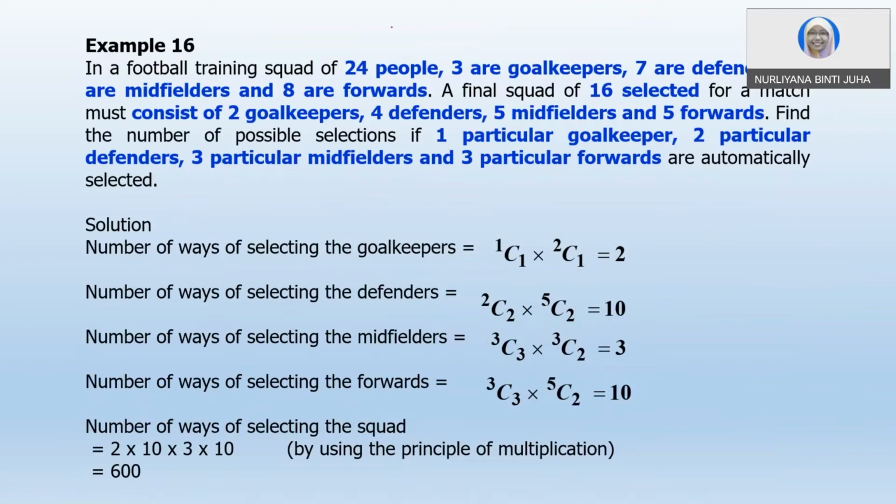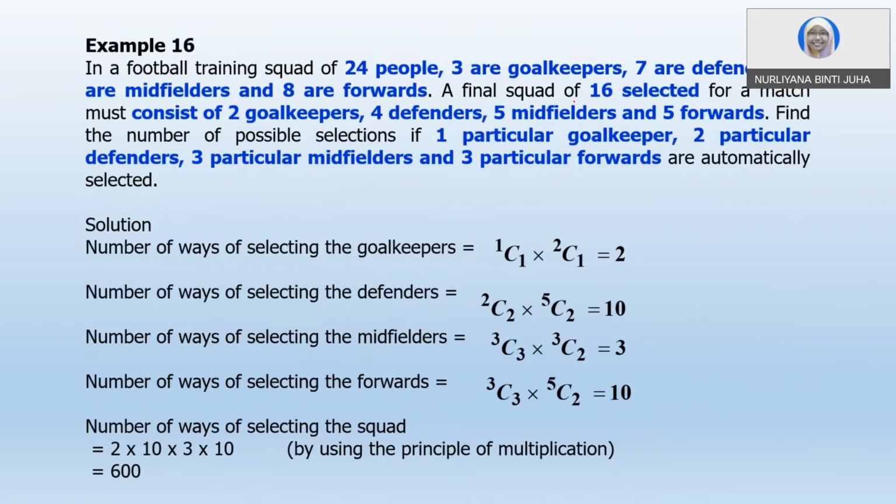So it says altogether we have 24, which consists of 3, 7 and 6 in their respective positions. But then a final squad consists of 16 only, so out of 24 we just need to select 16.